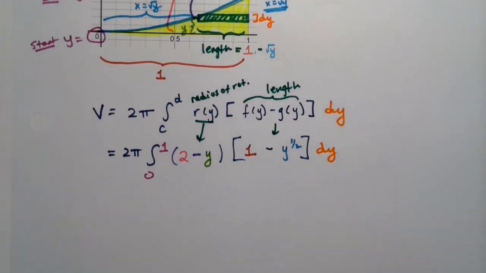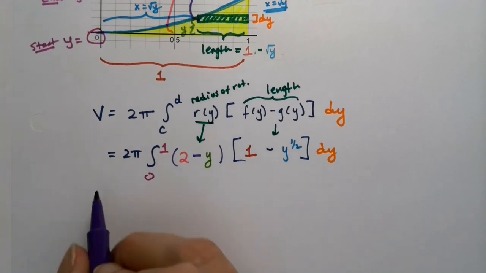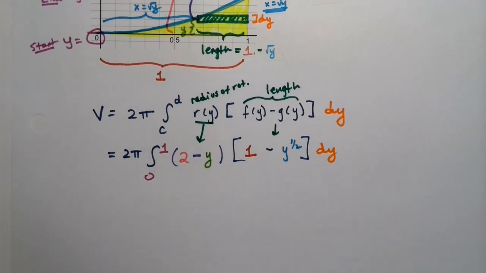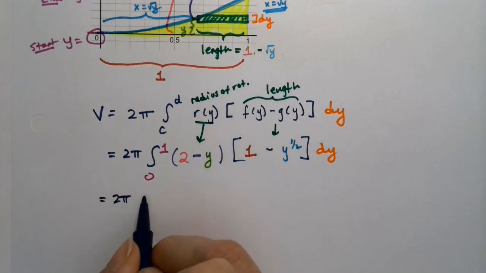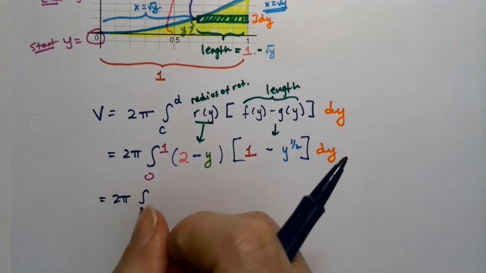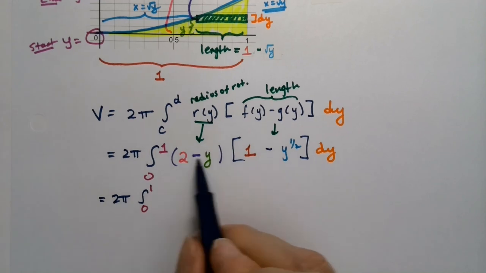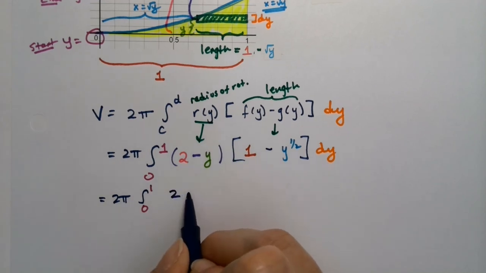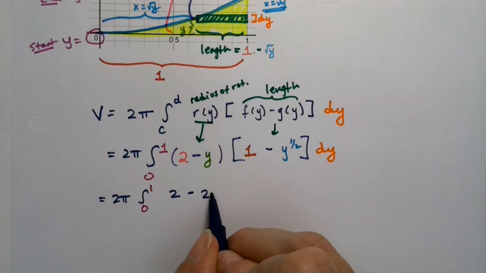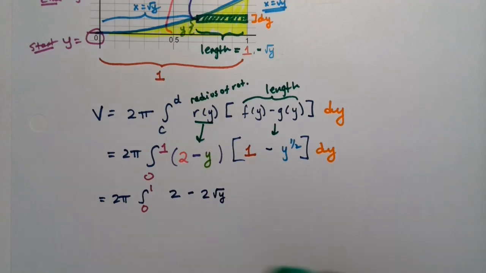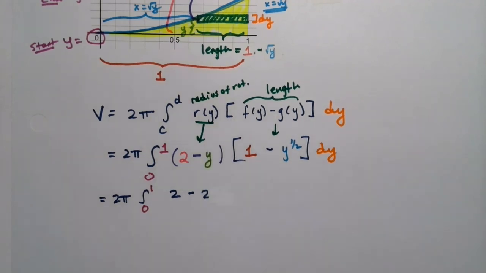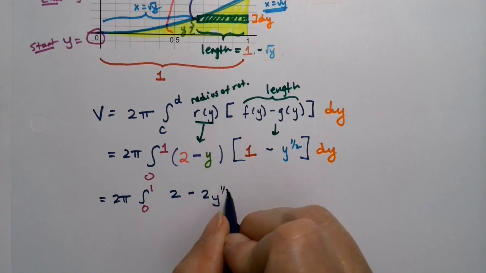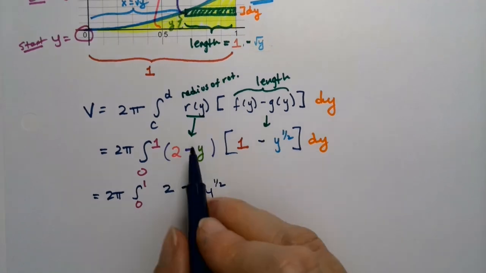All right, now that we're here, we can actually find this integral. We're actually going to have to distribute this. So this is equal to 2 pi, integral 0 to 1, 2 minus 2 square root of y, or 2y to the half. There we go, because I'm going to have to integrate this so it's easier to make it a power.